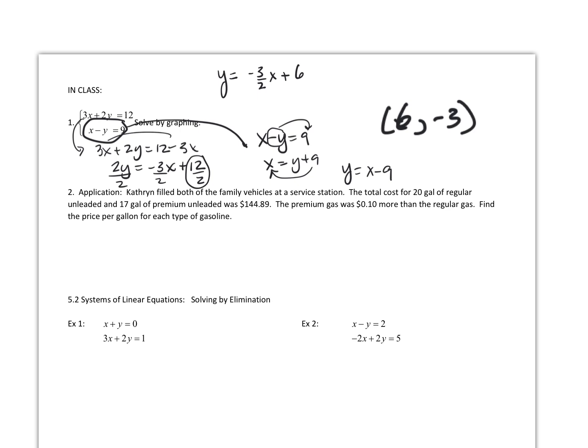So I'm going to assign it. X is going to be the regular gas price, and y is going to be the premium price. All right? All right, so let's take that first sentence. Total cost for 20 gallons of regular, so that would be 20 of X, and 17 of premium, that would be Y, is $144.89.